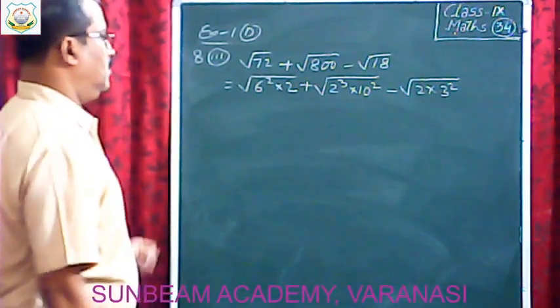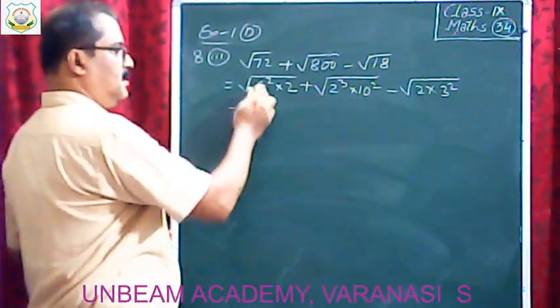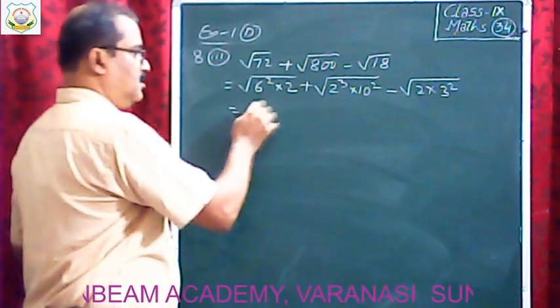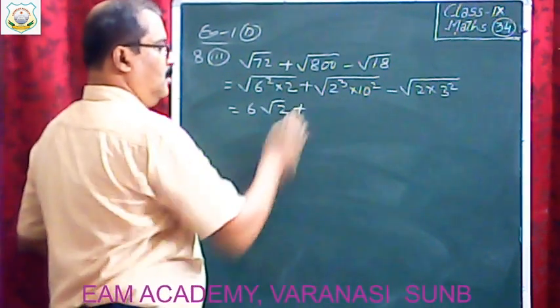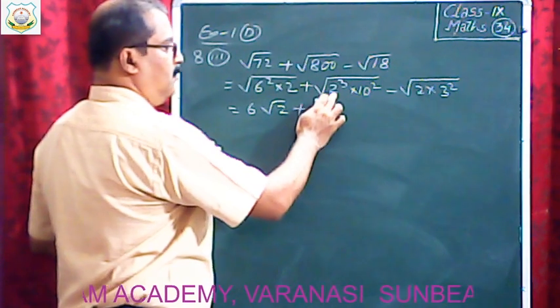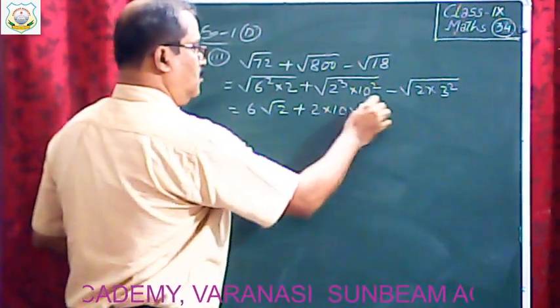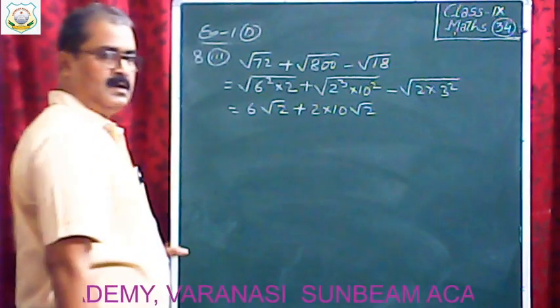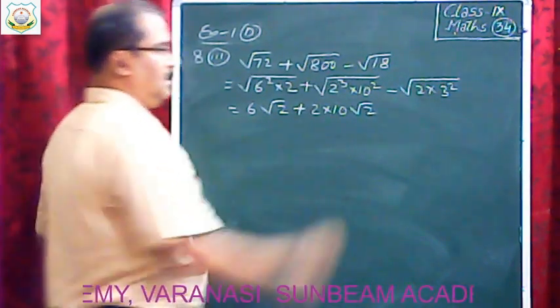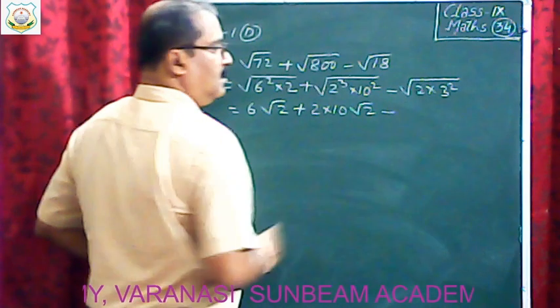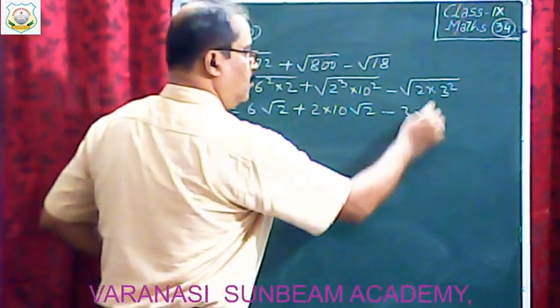9 into 2. Okay. Now thereafter take out 1 from here, 6 root 2. You get a pair of 2 and 10, so 2 into 10 square root 2, 1 2 left under the radical sign, minus 3 root 2.